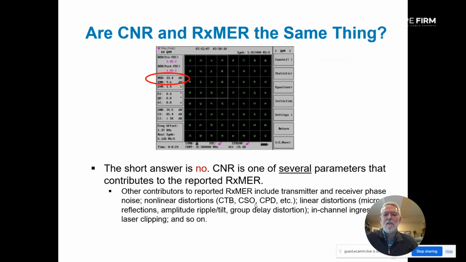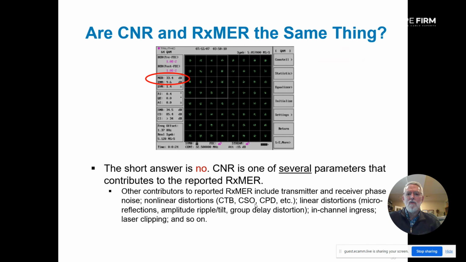And some of those things include transmitter and receiver phase noise, nonlinear distortion such as composite triple beat, composite second order, composite or common path distortion, and so on. And in an all digital system, those distortions look like noise. And then, of course, linear distortion such as microreflections, amplitude ripple, tilt, group delay distortion.